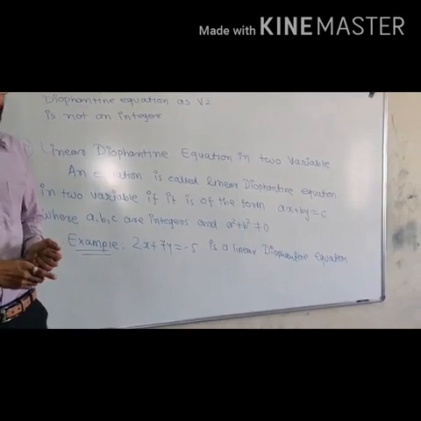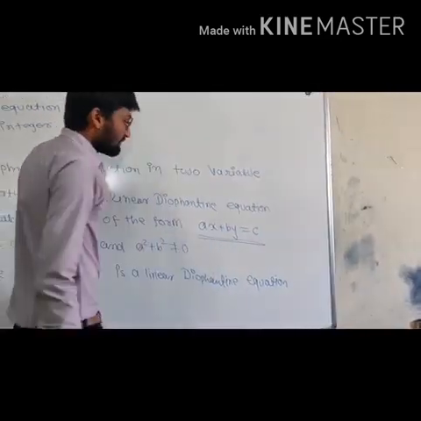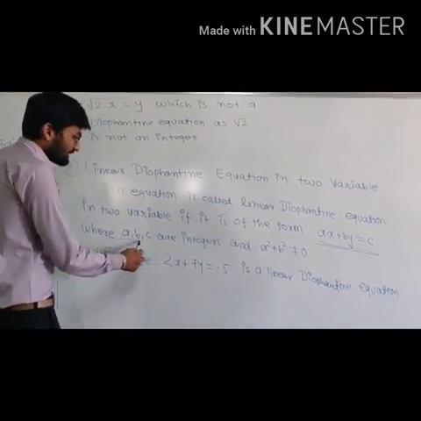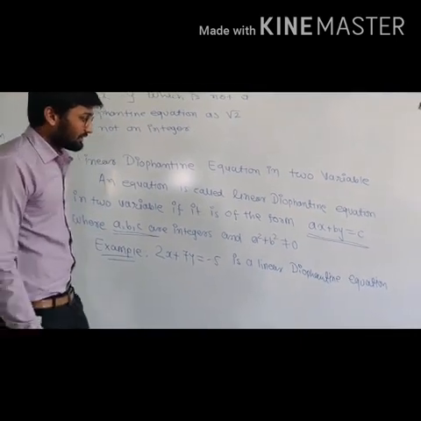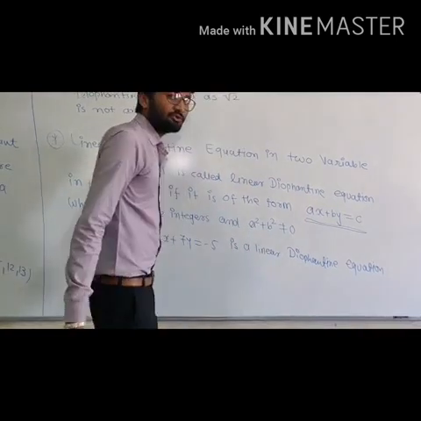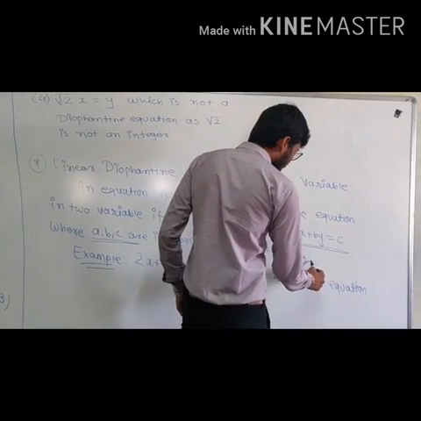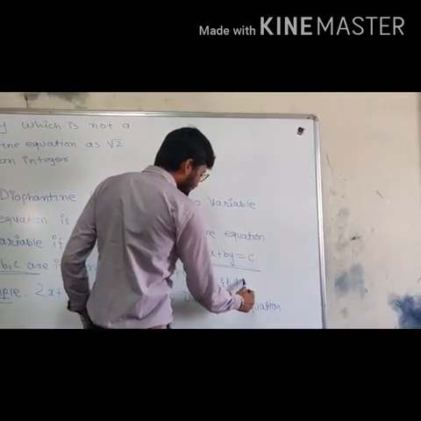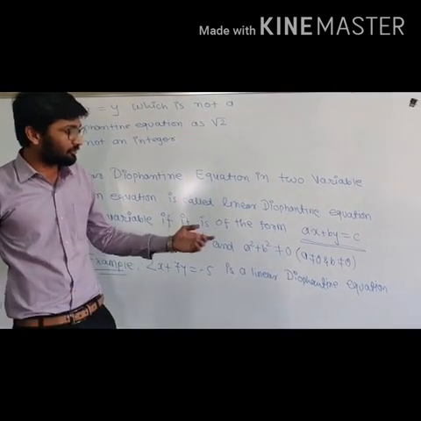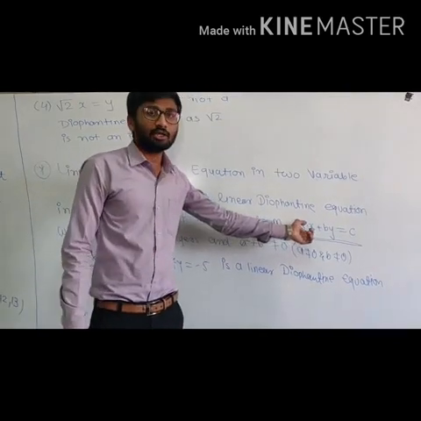So an equation which is of the form ax plus by equal to c is called a linear Diophantine equation, and a, b, c are integers, and the condition a square plus b square not equal to 0 suggests a not equal to 0 and b not equal to 0. That means in the equation a and b both are not equal to 0. So it is called a linear Diophantine equation.